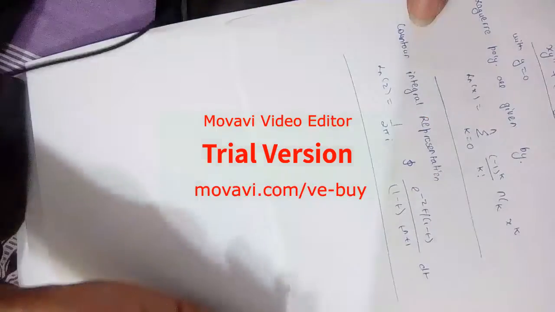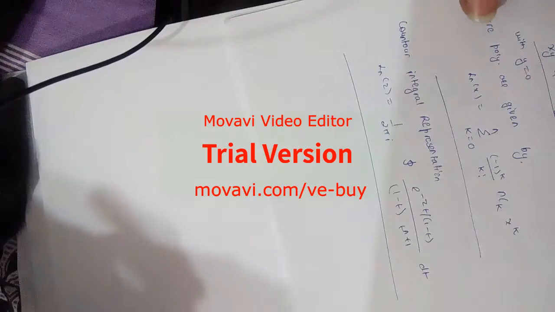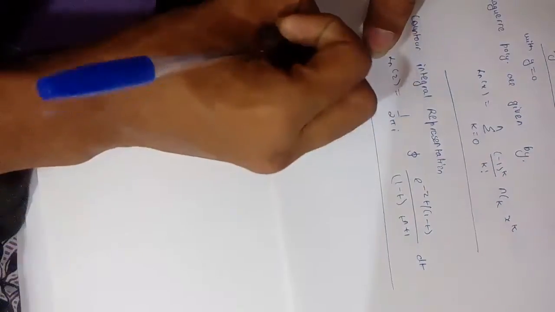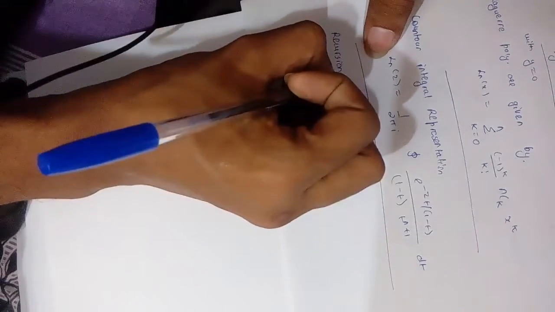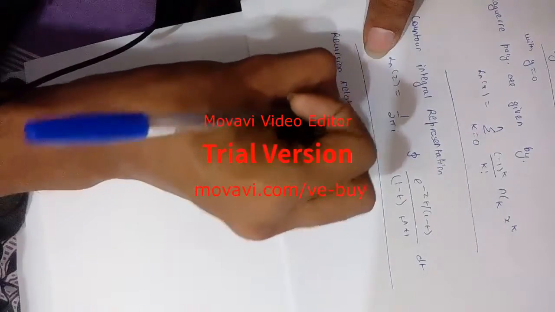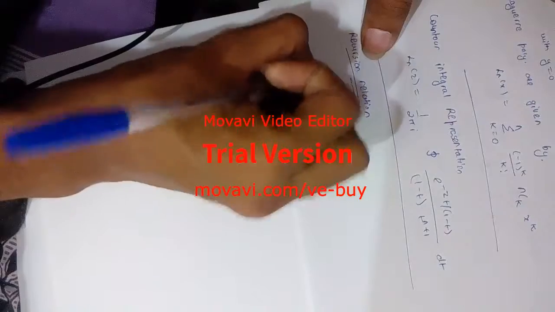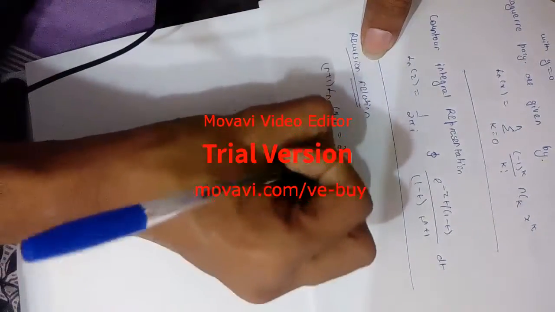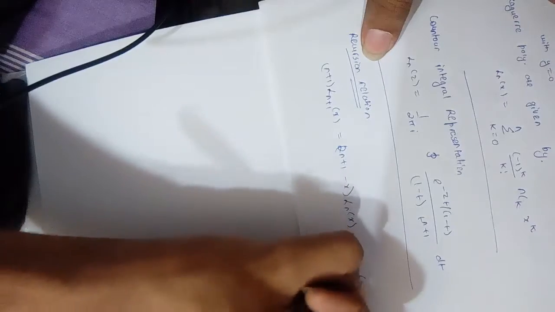As we have seen the recursion relation in Hermite polynomials, there also exists a recursive relation in Laguerre polynomials. So the recursive relation for Laguerre polynomials looks like n plus 1 Ln plus 1 equals 2n plus 1 minus x Ln x minus n Ln minus 1 x.